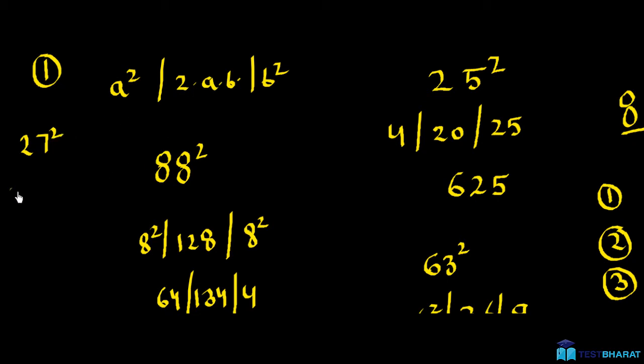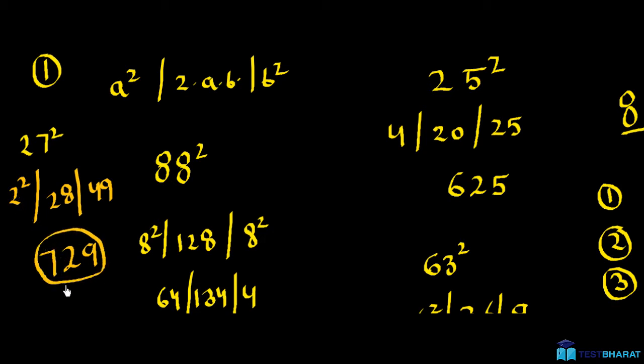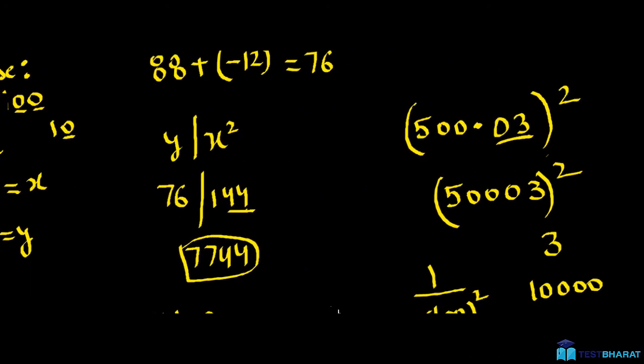So 2 square, 2 is my a, 2 into a into b: 2 into 2 is 4, 4 into 7 is 28. B square is 7 square, that is 49. So 9, 4 is carried forward, that will give me 32. 2 is here, 3 is carried forward, 3 plus 4 is 7. So 729 is the square of 27.